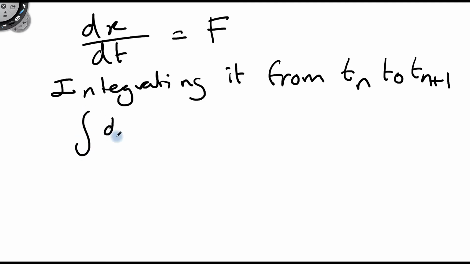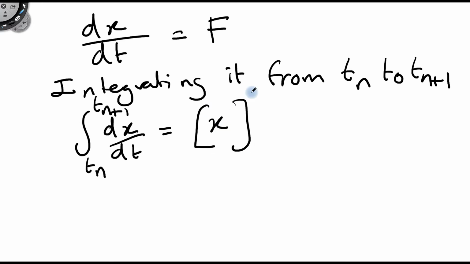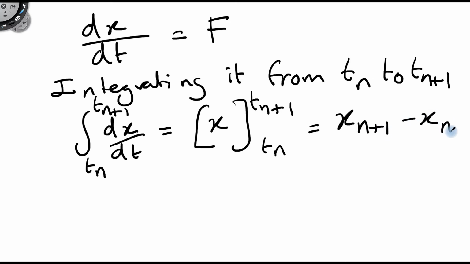So the left-hand side becomes the integral of dx by dt from t of n to t of n plus 1, which of course equals x evaluated between t of n and t of n plus 1, which equals x of n plus 1 minus x of n. Okay, so that's integrating the left-hand side.